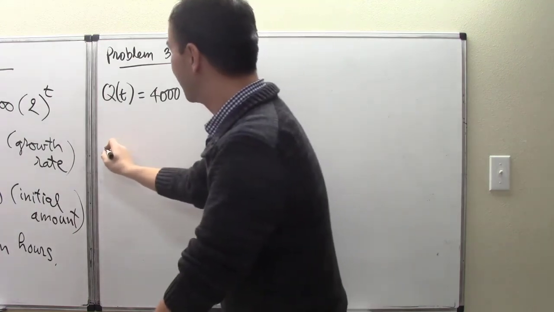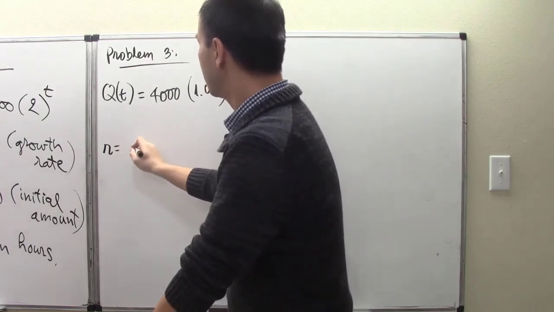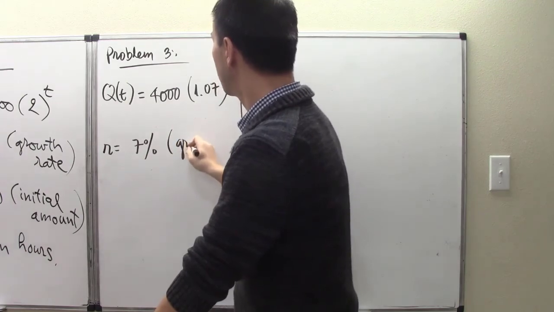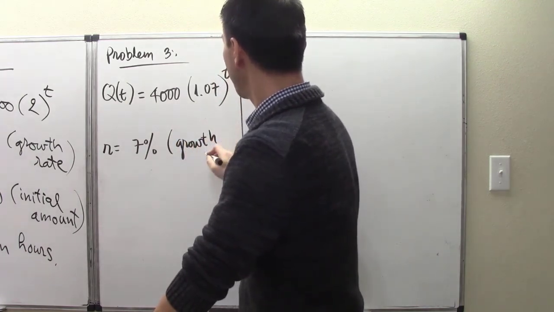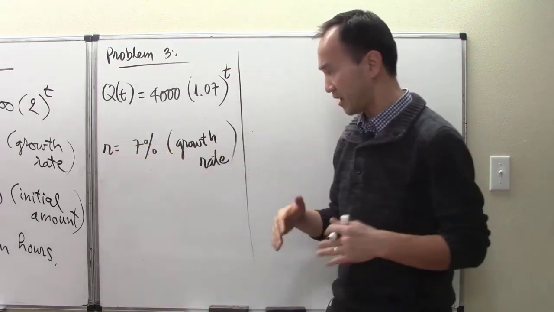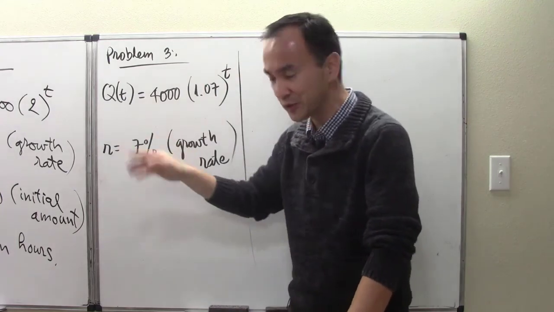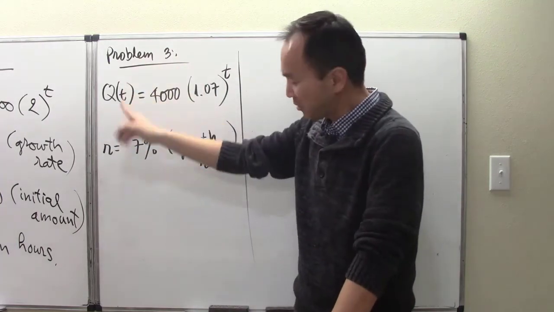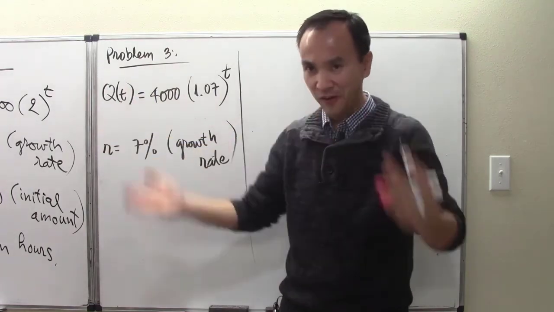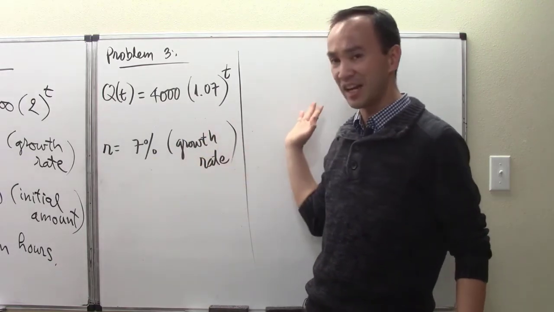And so again, R here is the growth rate. So R is 7%. And yes, that was our growth rate. I also should have mentioned that when I was working through each of these problems, I didn't even mention using a variable for the R here. But now it's time to finalize all that. Earlier, I only called that the growth rate, or the decay rate later on.